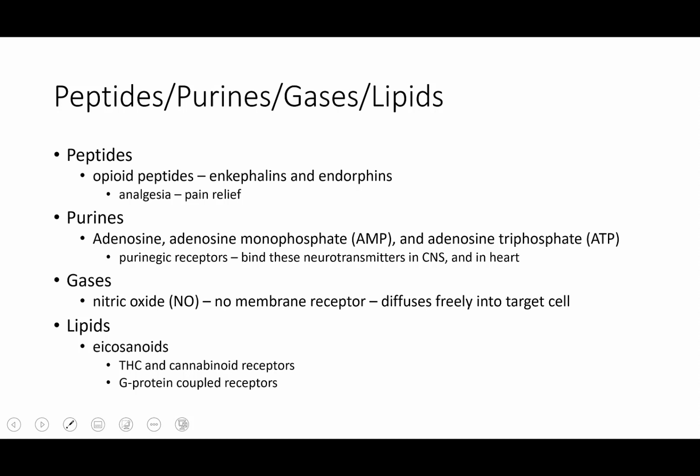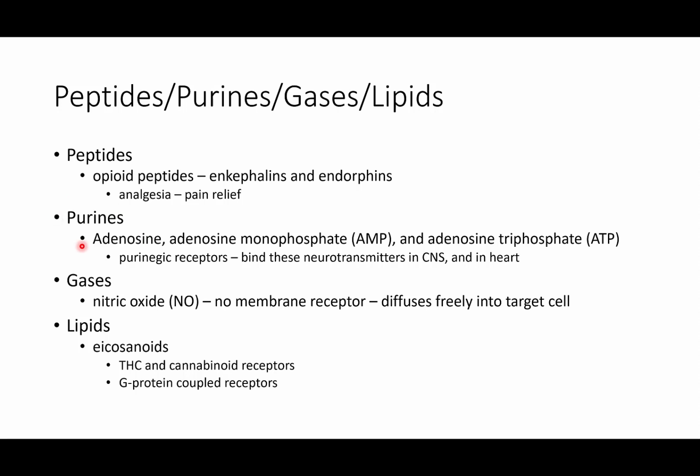So our enkephalins, our endorphins, we utilize these peptide compounds when we're making our analgesia drugs, our pain relief drugs, opioid drugs, like OxyContin. They're utilizing these pathways to inhibit neuron signaling.